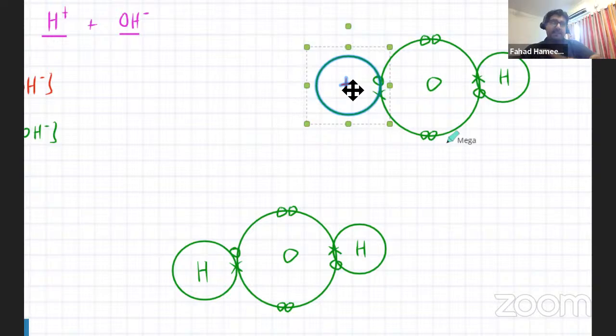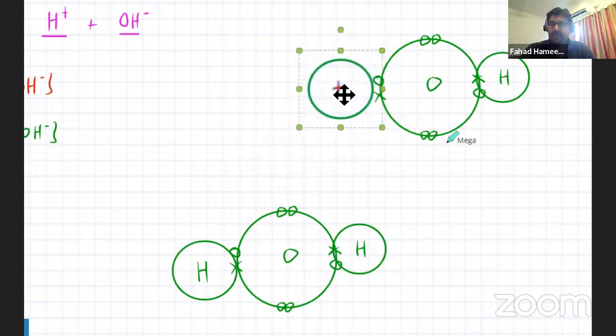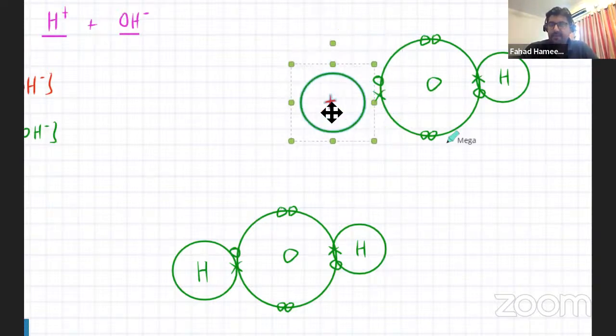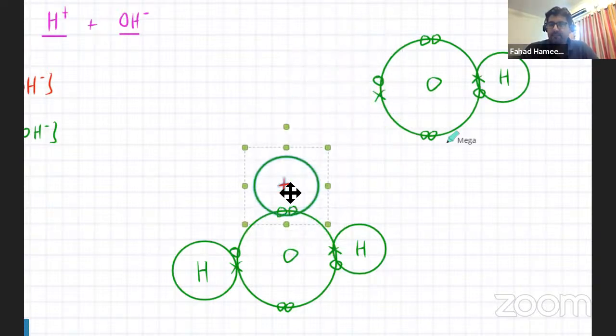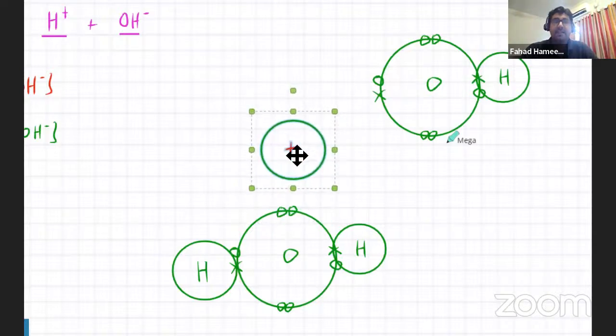But when another molecule comes along, that other molecule also has electrons. And if they come sufficiently close together, this hydrogen might leave its electrons over there, and it might get pulled by the other atom. So that's how dissociation happens.